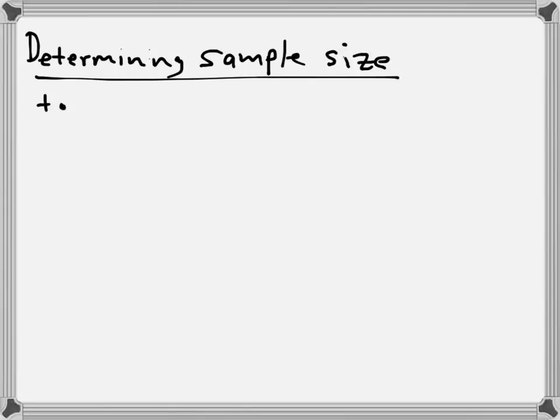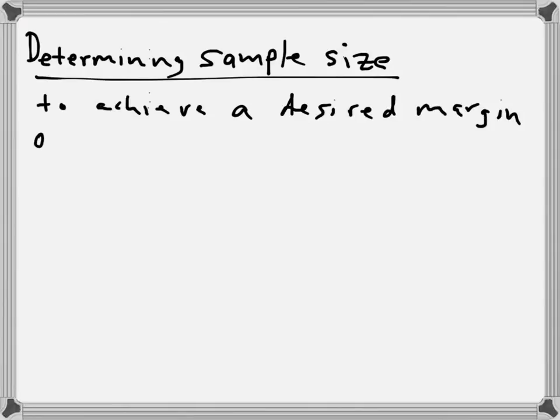So to achieve, that word is achieve, believe it or not, a desired margin of error. In other words, maybe how many people do I have to sample in JSERA to have a margin of error of plus or minus 1 inch, or plus or minus a half an inch, or plus or minus 1/10 of an inch? How many people do I have to sample?